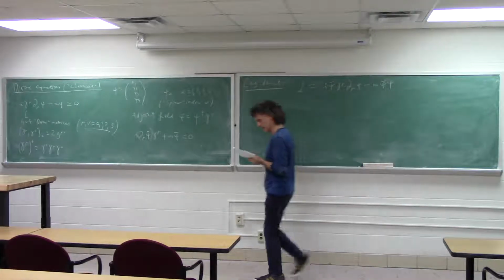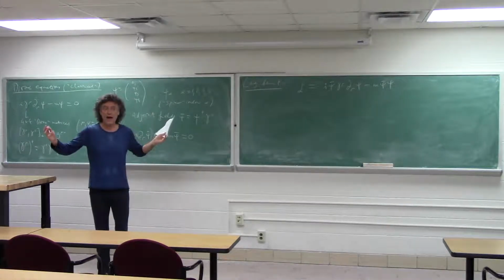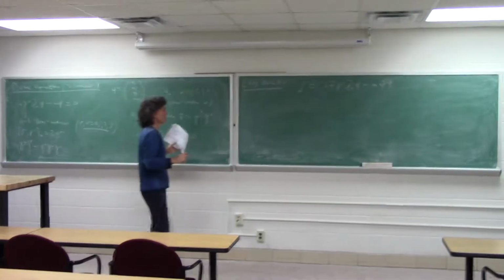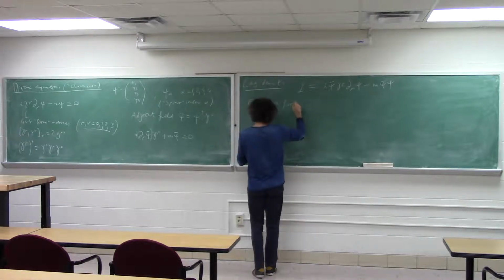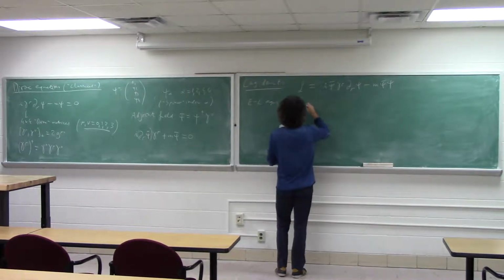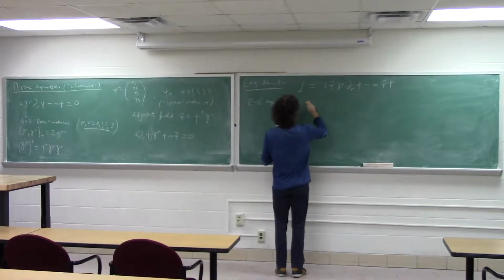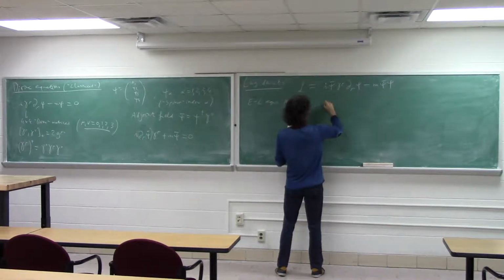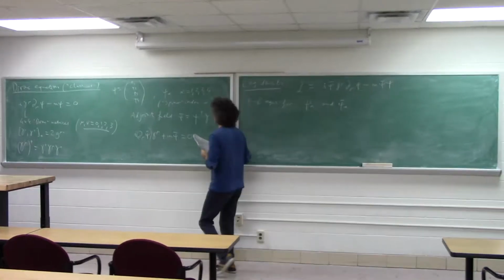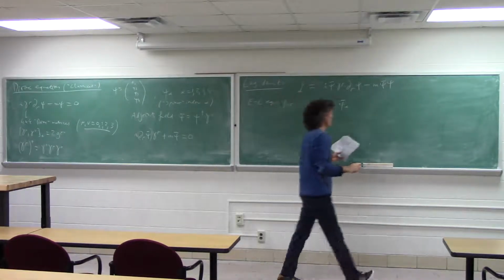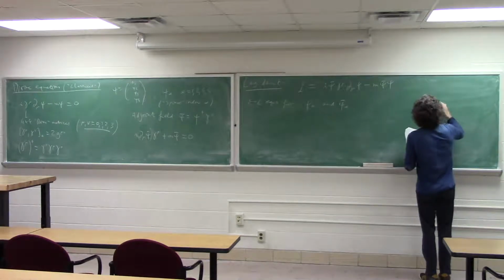That's the Lagrangian density for the Dirac field. And I gave you a homework problem to do over the break. So the Euler-Lagrange equations for each component, psi alpha and psi bar alpha.